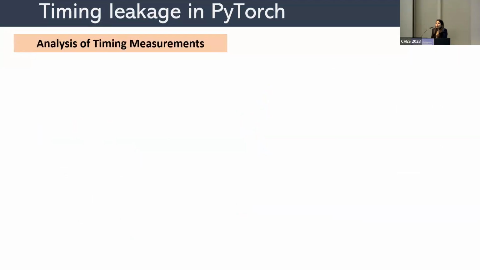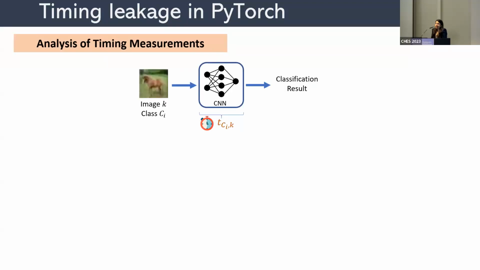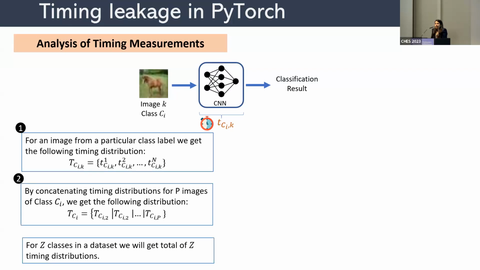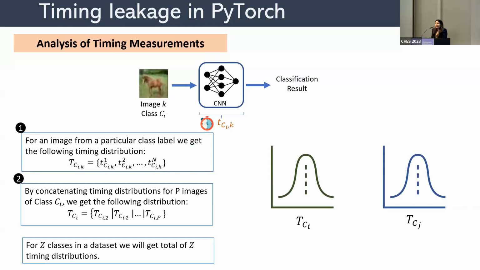So how do we do this timing measurement analysis to view this leakage? Again, we have that same CNN model, and we pass input of a certain class to this model and get the inference time. For different classes, we want to create timing distributions. Let's say we have classes CI and CJ.